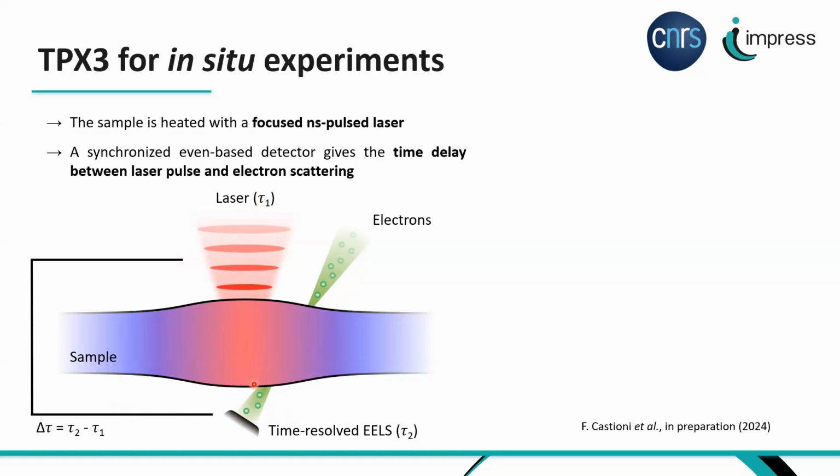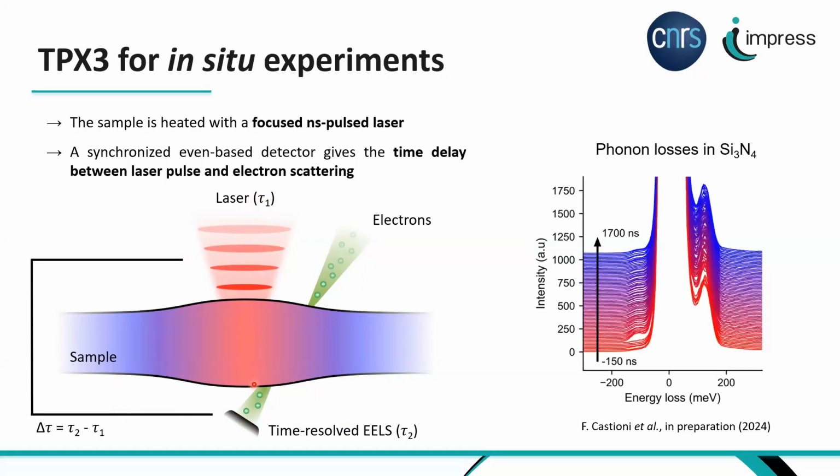So here I will only show one example, which is phonon losses in silicon nitride. Basically, we know that if you use a modern monochromated electron microscope, you can see these phonon losses, which for us are at a rather high energy, 110 millielectron volts. And we know that if you are in a material which is not at zero temperature, you should also have this phonon mode thermally excited.